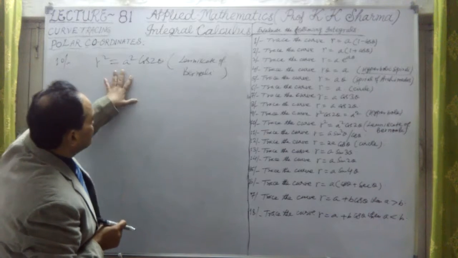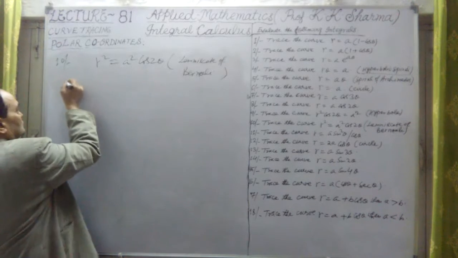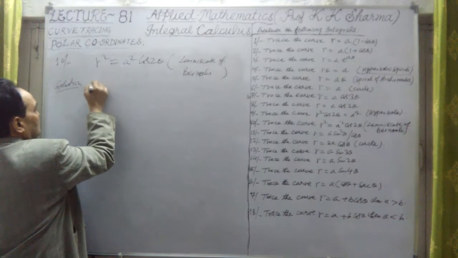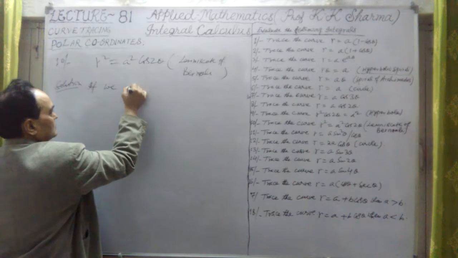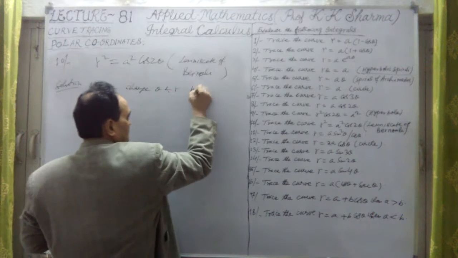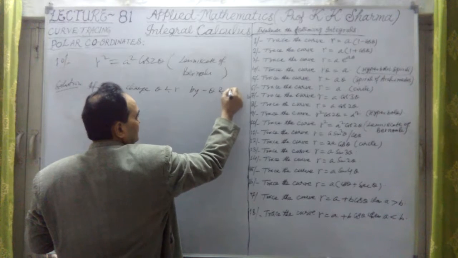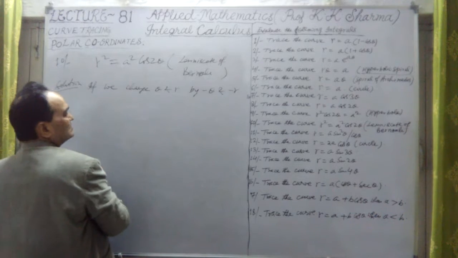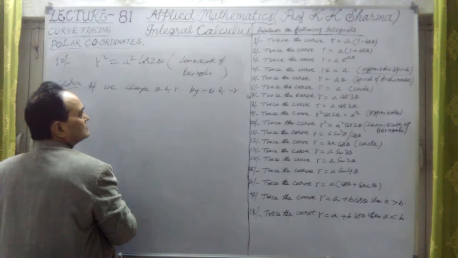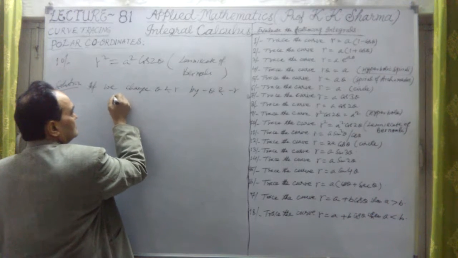Again, theta and r are replaced for the solution. If we change theta and r by minus theta and minus r, the curve is not changed.